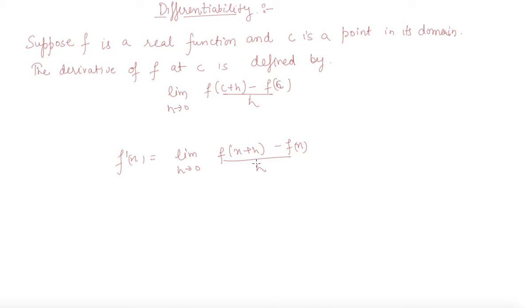This f dash x can also be written as d by dx of f of x. Students, this is the formula to find the derivative of any function at x.